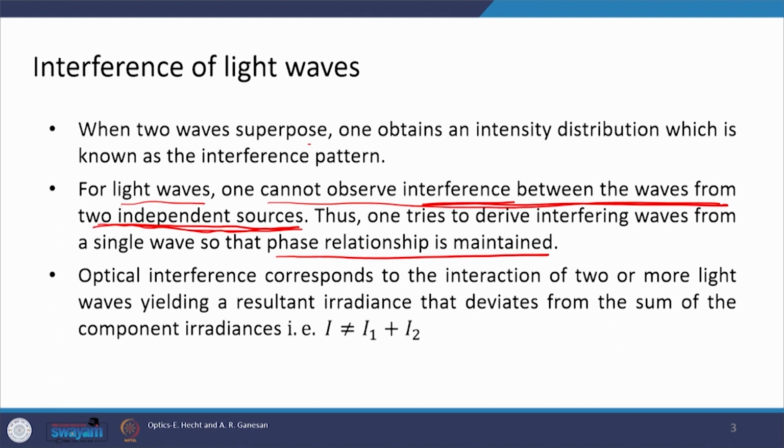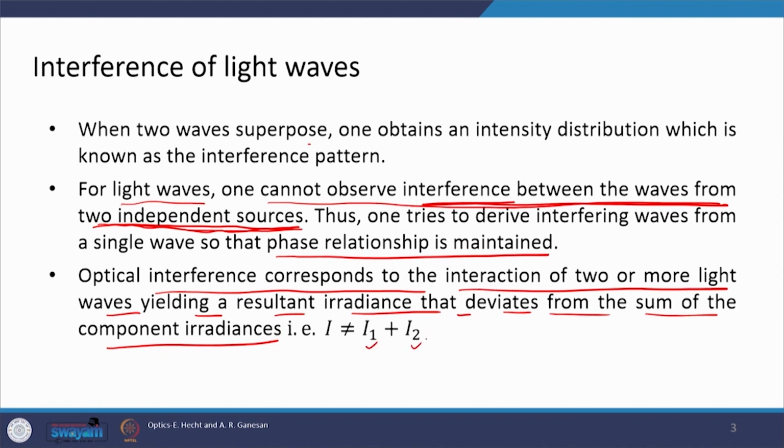Now, optical interference corresponds to the interaction of two or more light waves yielding a resultant irradiance that deviates from the sum of the component irradiances. Suppose we have two sources which are emanating intensities I1 and I2 respectively, then after interference the resultant intensity will not be equal to I1 plus I2.